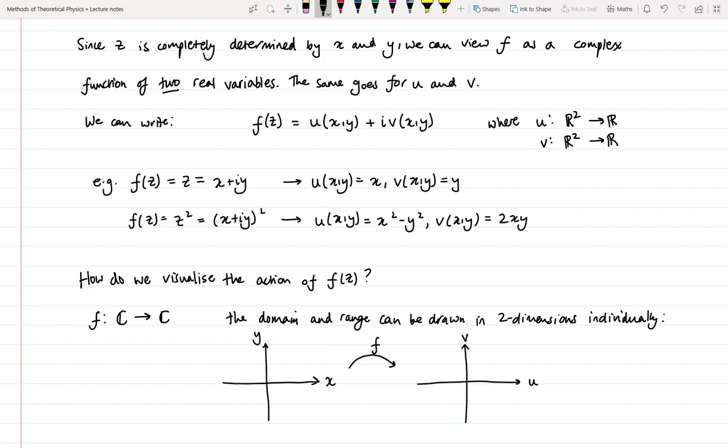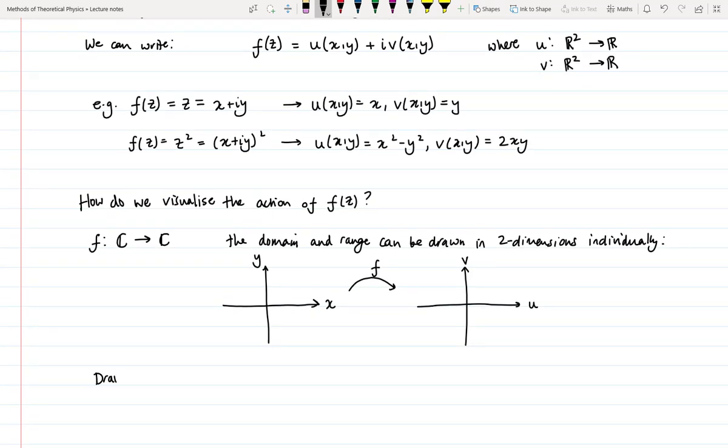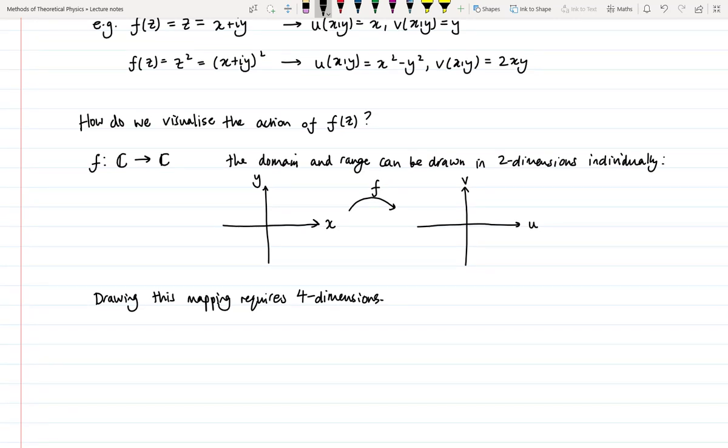So instead, there are various ways of visualizing the action of the function f. I'll note drawing this mapping requires 4 dimensions, and there are various ways to visualize f.